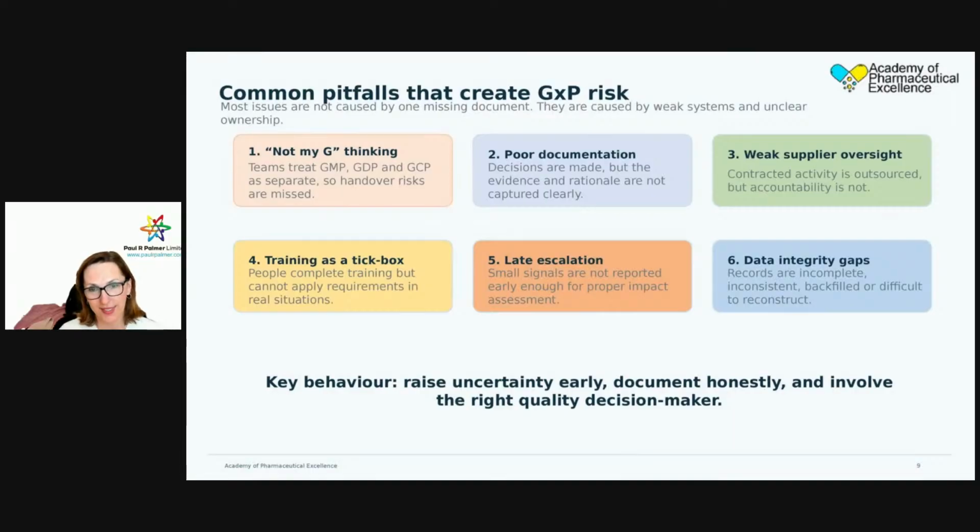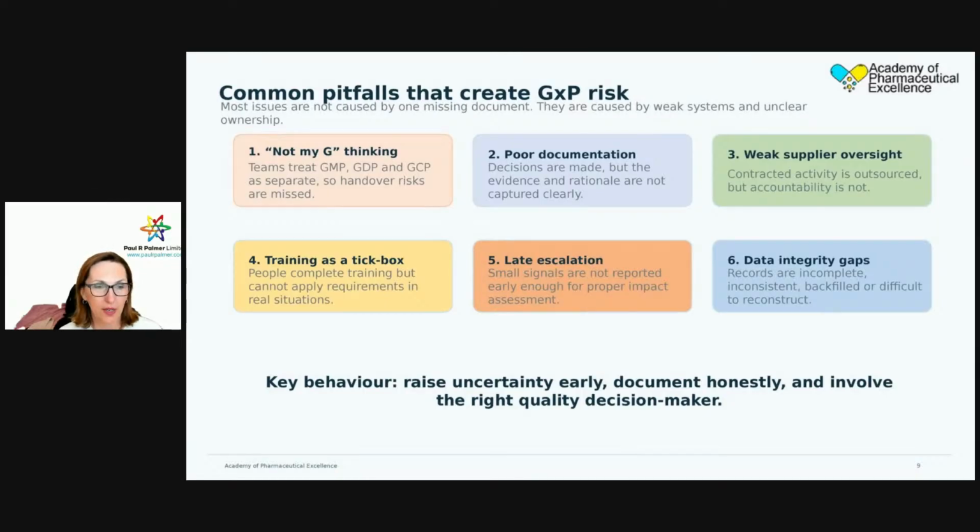And of course, this is related to your training and the process setup. And then the final one is data integrity gaps. If you have incomplete, inconsistent, backfilled, or hard to reconstruct records, they will undermine the confidence, even when the technical decision may have been correct.